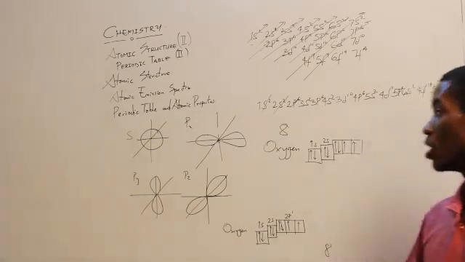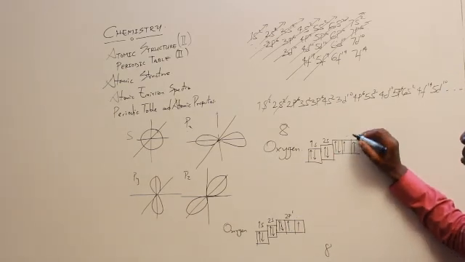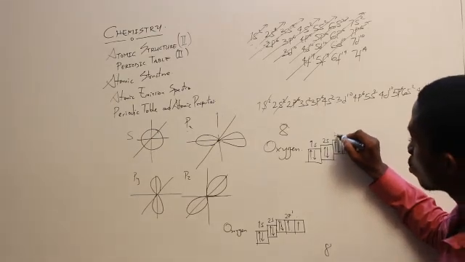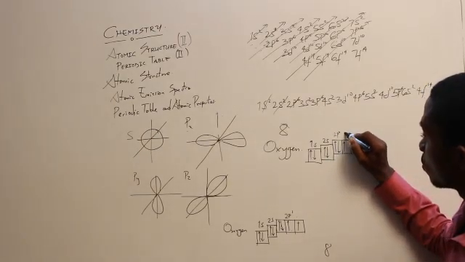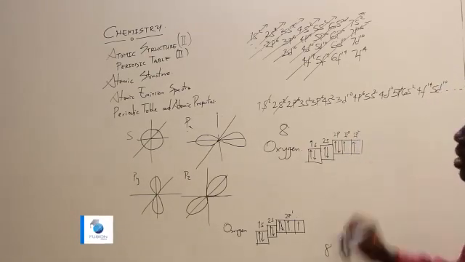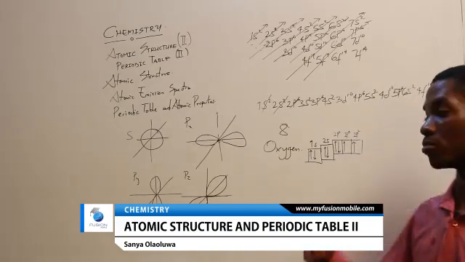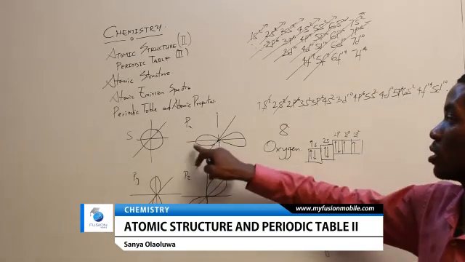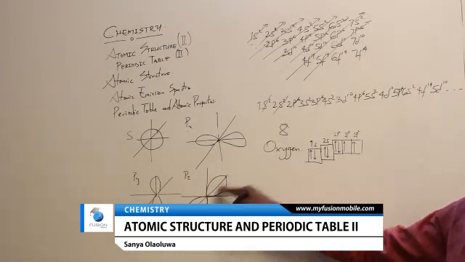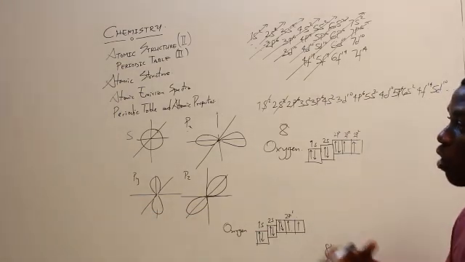This particular one is 2px, this is 2py, and this is 2pz. So each of the p's has its own specification. This one is the x-axis, and this is the y, and this is the z. So those are the shapes of the different orbitals.